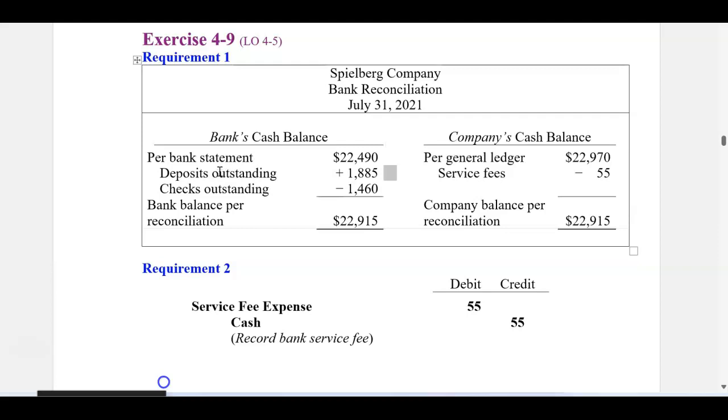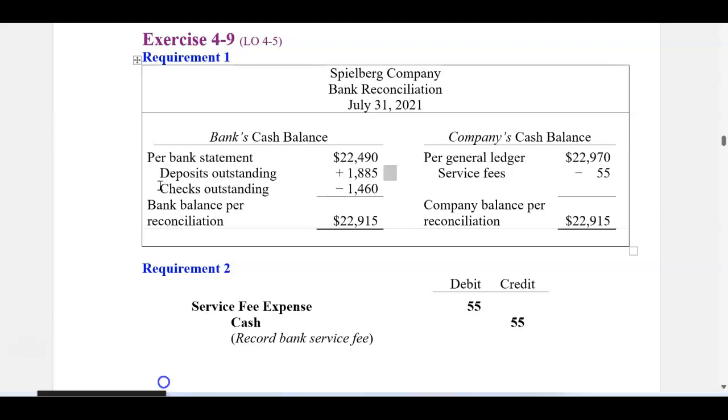You add deposit outstanding to the bank balance because you deposited that on the last day of the month. You did the recording, but your bank is not showing such a deposit because it was after hours on the last day of the month.